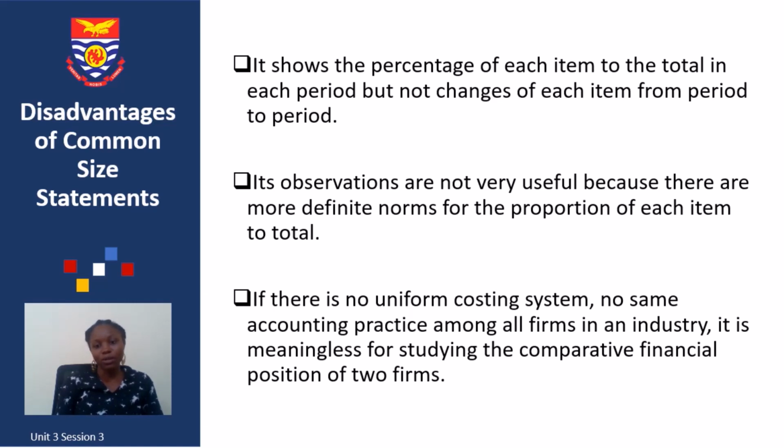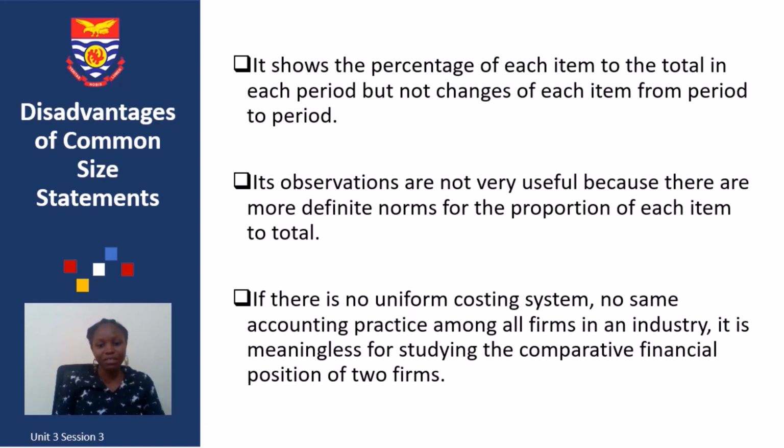So where cost of sales, let's say, changes over 5 years, it's not revealed in common size statements, unlike comparative analysis that reveals changes in each item from period to period. The common size only gives a percentage of the item in respect to the total for each period, but not changes of the item from period to period.